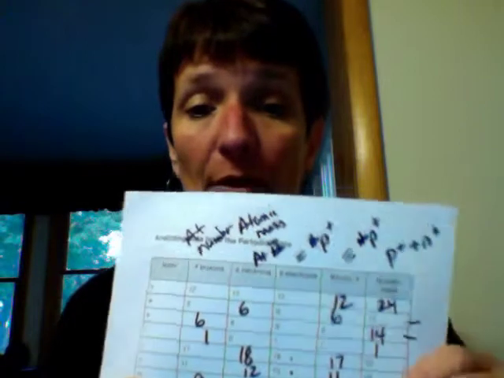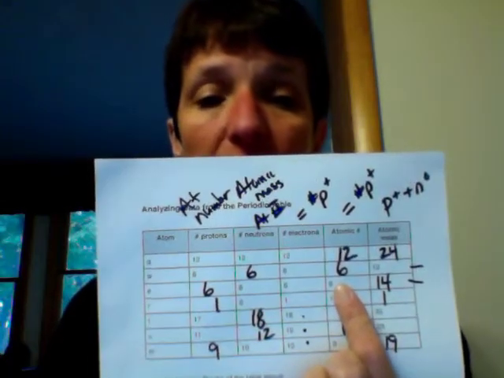The second row is the atom W. We have 6 protons, our number of neutrons is open, we have 6 electrons, our atomic number is open, and our atomic mass is 12. So let's first look at our atomic number. It's open, we don't have it filled in. So it has to equal our number of protons, which, if you look at your chart, is 6. So that atomic number then needs to become 6 on there.